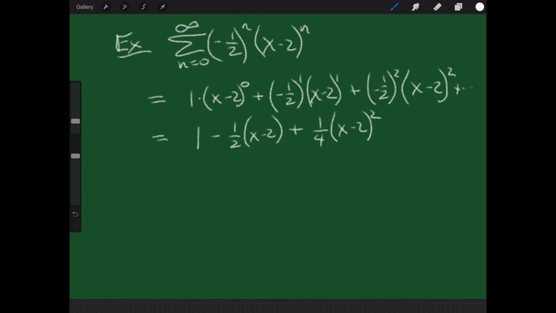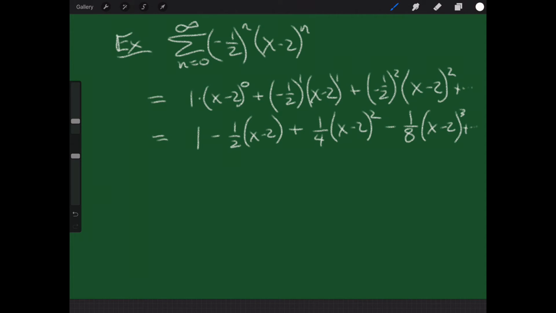Can we guess what the next one would be? It would be minus 1/8 times x minus 2 cubed, plus, and so on. Okay? So we're starting to see that there is a pattern, and again, this can be written as a geometric series.